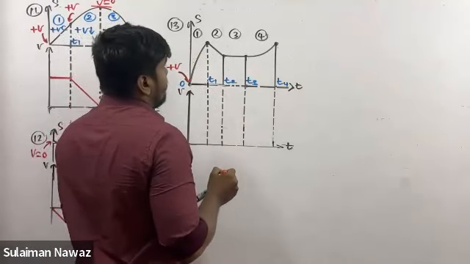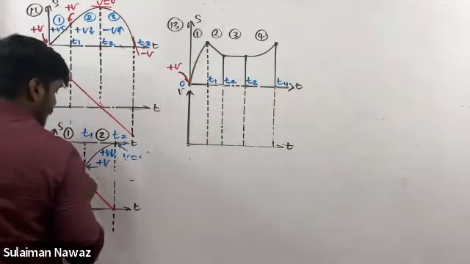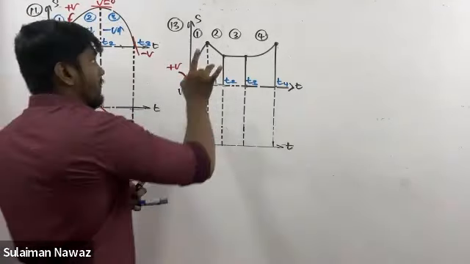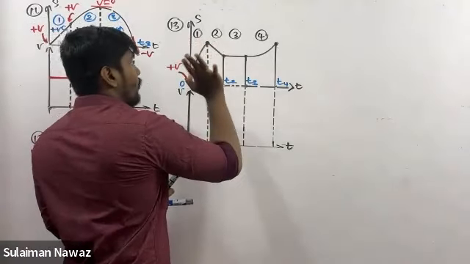Now again, the same problem comes like how we argued at time t1 in graph number 12. Very similar thing occurs at this point also. Look here.